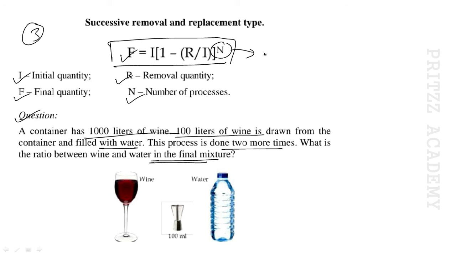For this particular question the question says this process is done 2 more times. That means it's already done 1 time, so 1 plus 2 equals 3 times the wine is drawn and water is replaced. So we have to implement this formula.